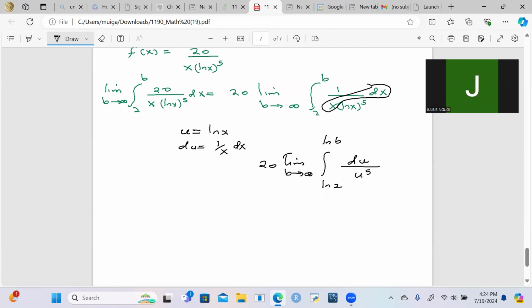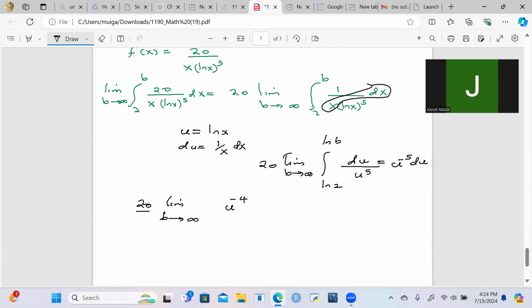So we integrate: we have 20 times the limit as b grows to infinity of the integral of u to the power of minus 5 with respect to u. You get u to the power of minus 4 divided by minus 4.